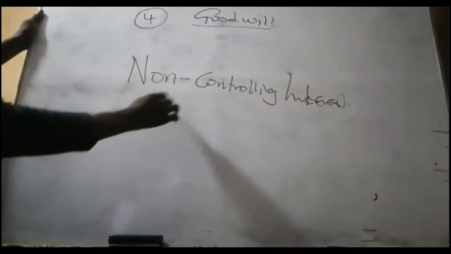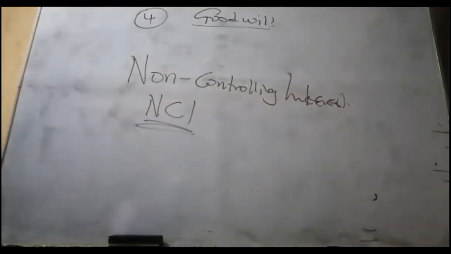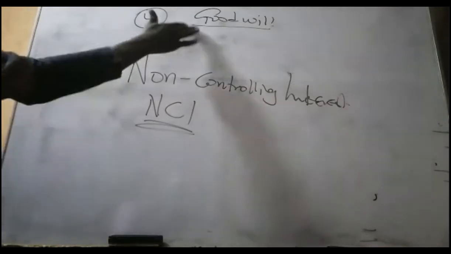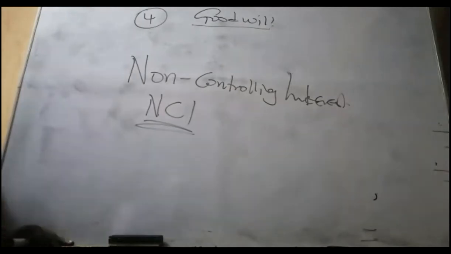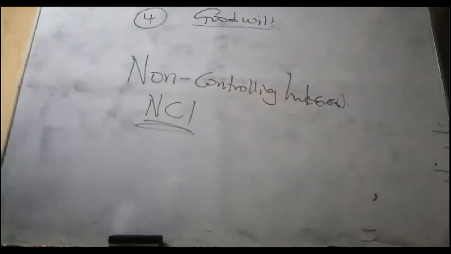So there are two ways of valuing NCI, and it gives rise to two ways of calculating goodwill. We are going to take our time and go through. Please, it's a must. You should know all these types.